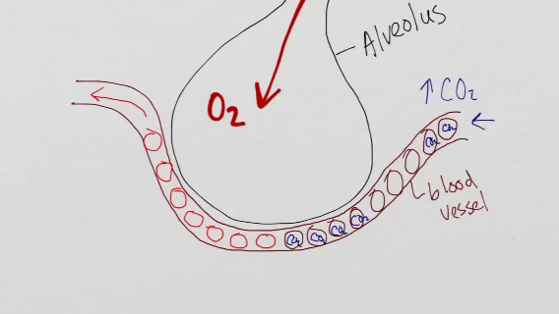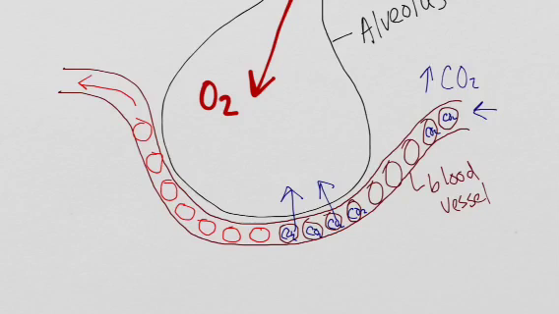It's going to want to go from these blood cells into the actual alveolus. And this happens, so that raises the amount of carbon dioxide in the alveolus. Once these cells get rid of their carbon dioxide, they are free to allow oxygen to come across.